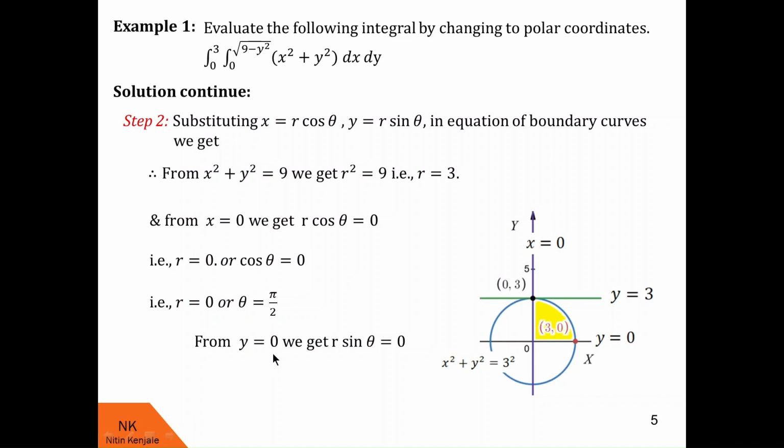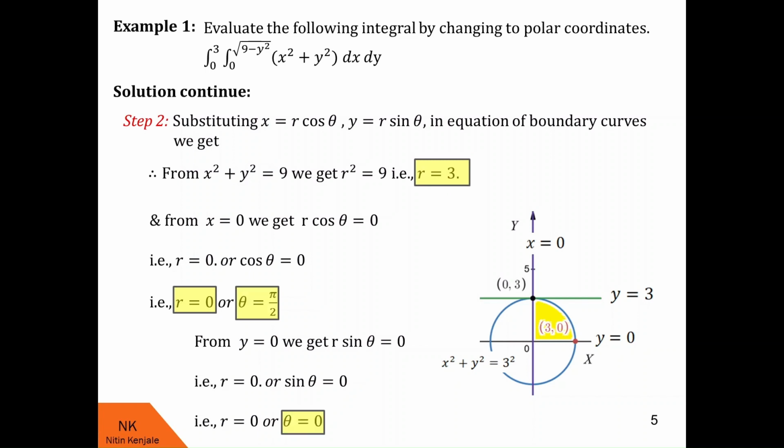From y is equal to 0, we get r sin theta is equal to 0. Therefore, either r is equal to 0 or sin theta is equal to 0. And we know that sin theta is 0 at theta is equal to 0. From this, we see r varies from 0 to 3 and theta varies from 0 to pi by 2.